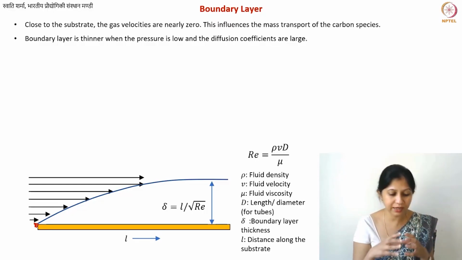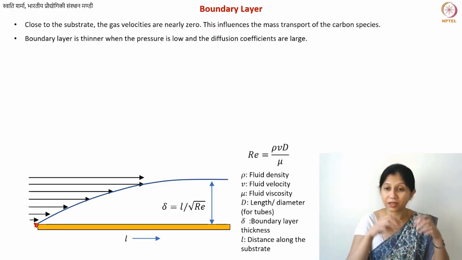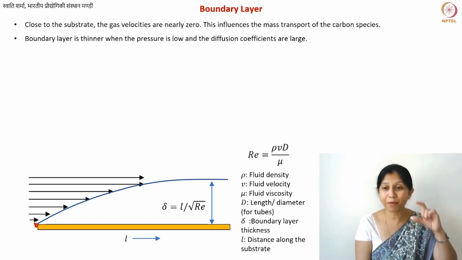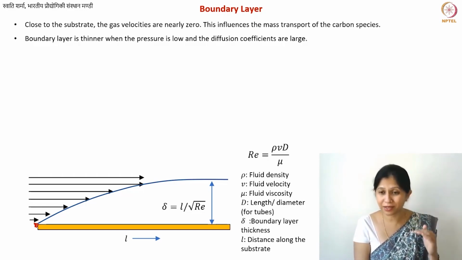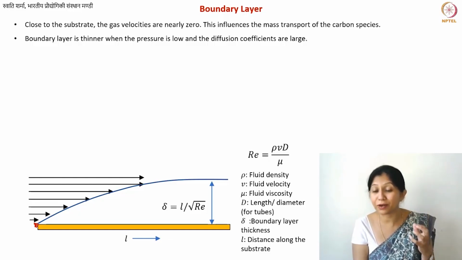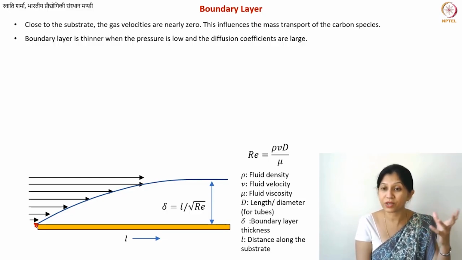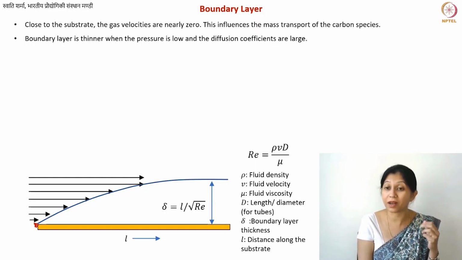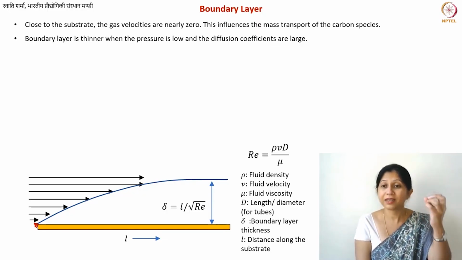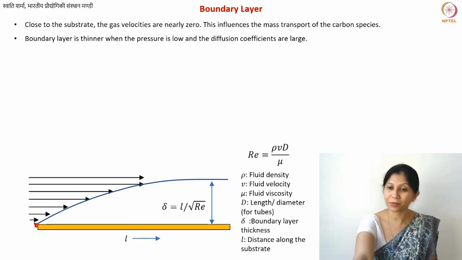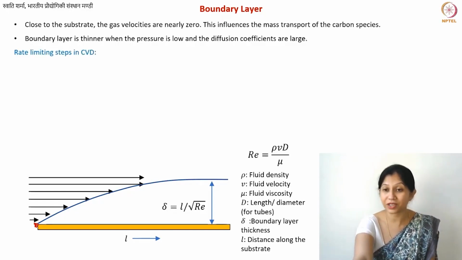Because this is the region where you want the diffusion of your solid particles into the substrate, right? The boundary layer prevents or at least decreases the rate of diffusion of your solid species, which were generated after the pyrolysis of the hydrocarbon. That is why you would like to minimize the boundary layer. This is one more thing that you need to optimize in your CVD chamber.